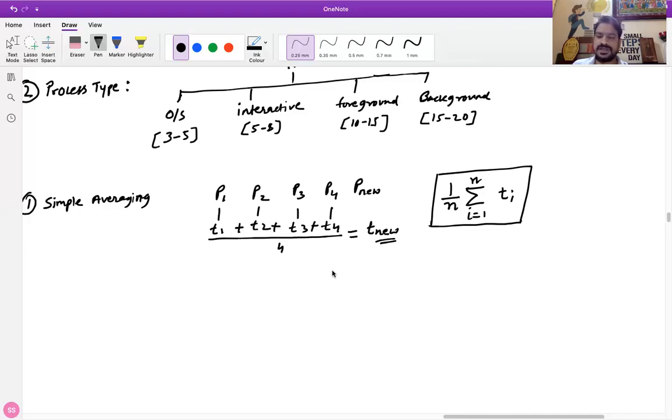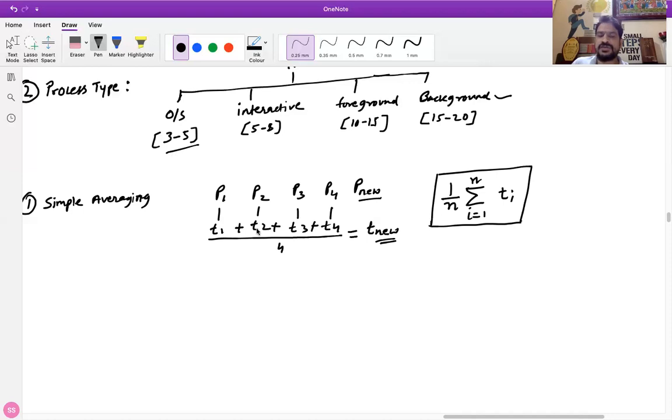What is the reason? Let's say the old processes which are running have a smaller burst time, or they are in the category of OS type. The OS type is taking very little time, and suddenly I get some background processes. That cannot match, right?